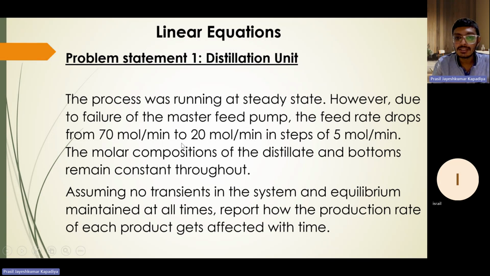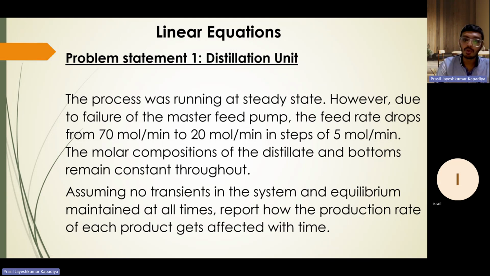So what does this sentence mean? My feed flow rate is dropping from 70 moles to 20 moles per minute in steps of 5. First it was 70, then in steps of 5 it is reducing: from 70 it goes to 65, then 60, then 55, 50, like that it is dropping till 20.